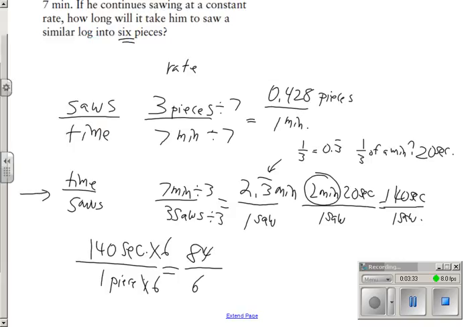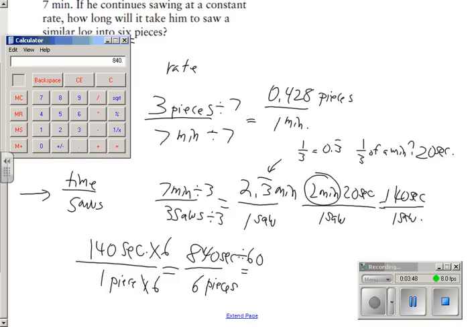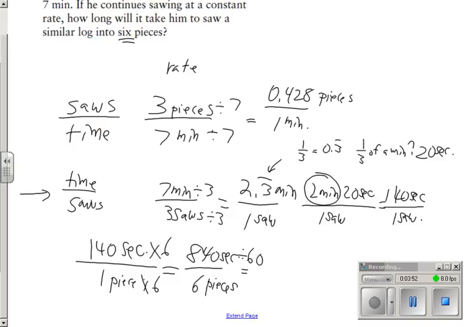Now I'm going to have to do a little bit of reasoning. 60 seconds is a minute, so if I divide this by 60, that should tell me how many minutes I have. So 840 divided by 60 equals 14 minutes. All right, so 14 minutes to do 6 pieces.